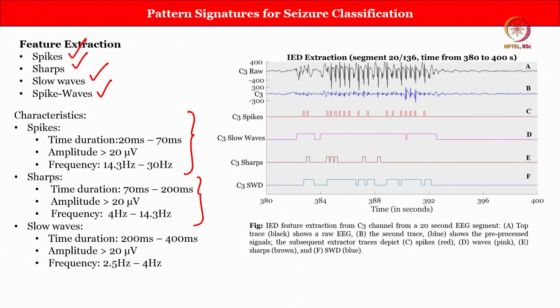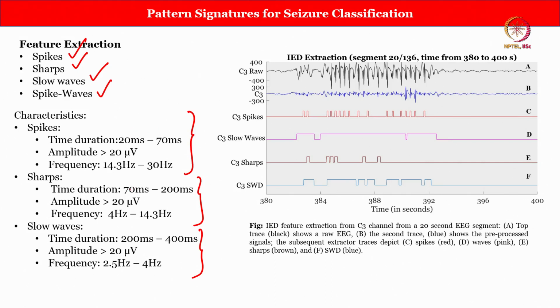Sharps are defined when the time duration is between 70 milliseconds and 200 milliseconds, and the amplitude is greater than 20 microvolts, while the frequency is between 4 hertz and 14.3 hertz. While the slow waves are defined as the waves that have a time between 200 milliseconds and 400 milliseconds. You can see it is increasing, right.